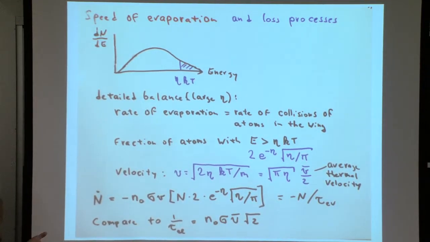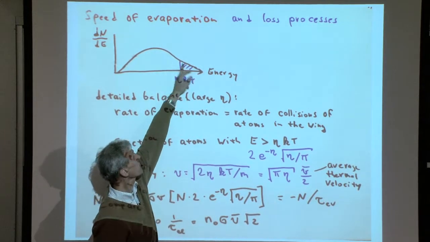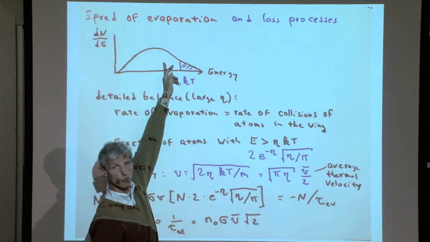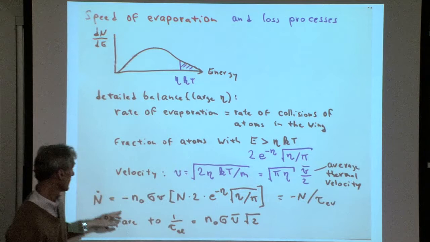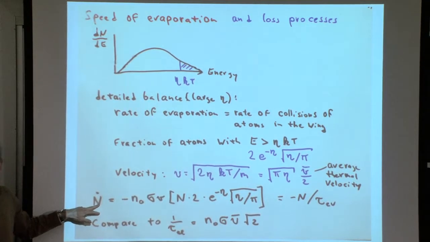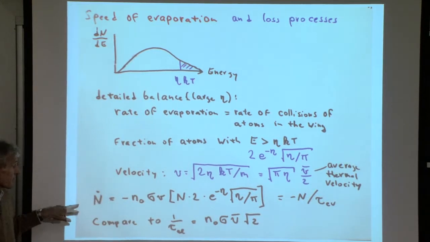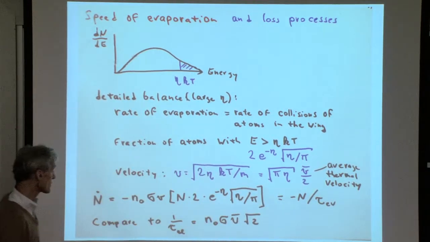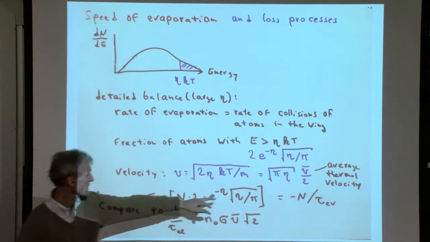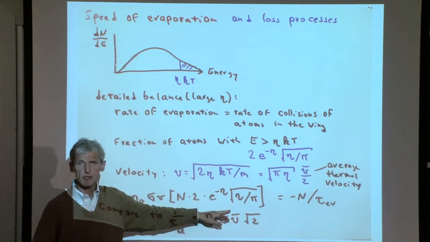So if we now switch to a continuous model of evaporation, where we constantly evaporate the atoms which are produced through elastic collisions with an energy larger than eta kT, then this here is our rate of evaporation. Since we want to think in terms of a time constant, this rate of evaporation is described by a time constant for evaporation, and this time constant is now expressed here by our experimental control parameter, eta.